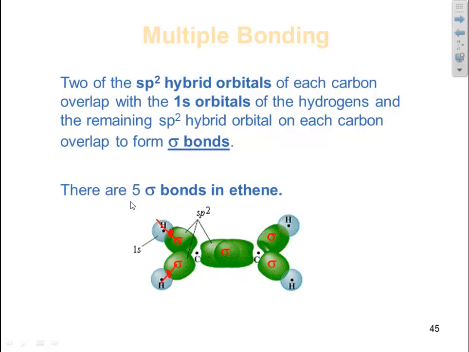So you're going to have this along the axis and you got overlap. And along here, axis, axis. Those are all head-on overlaps. So what you have here is 1, 2, 3, 4, 5 sigma bonds. 5 sigma bonds.